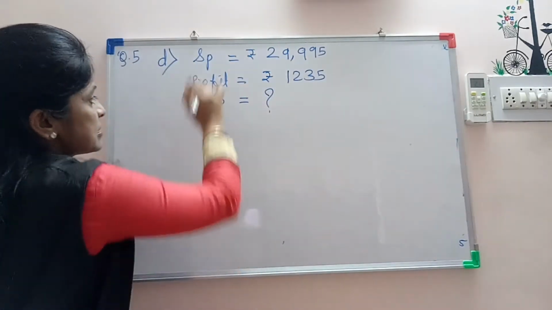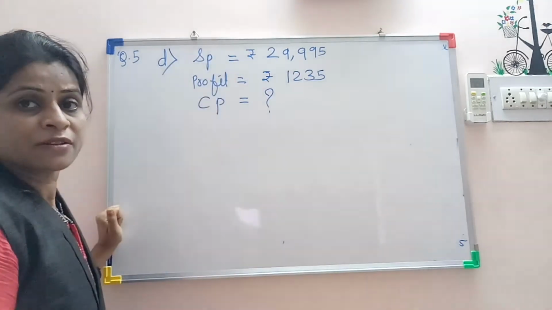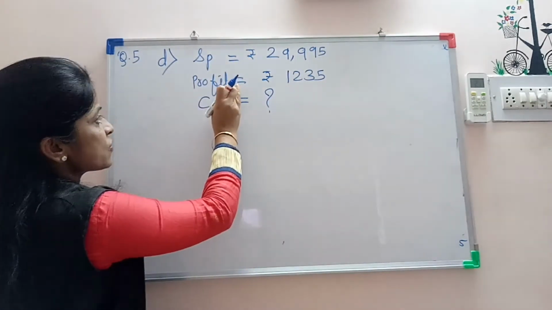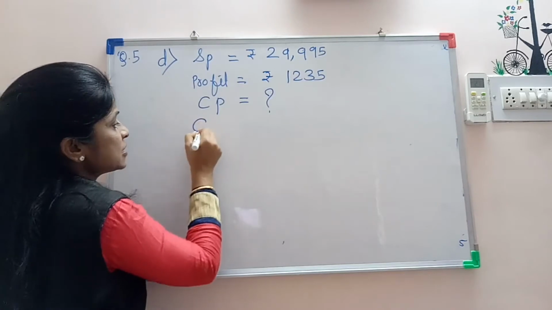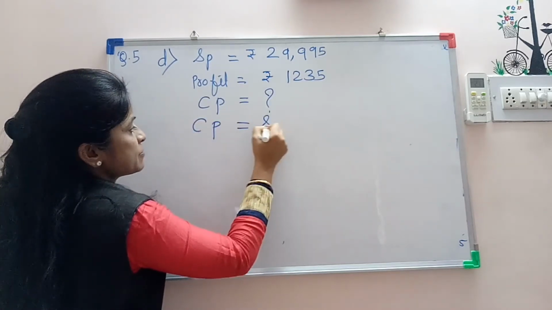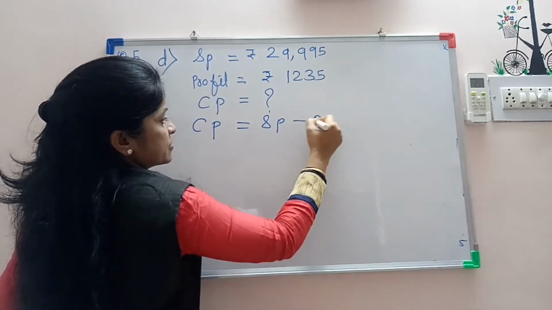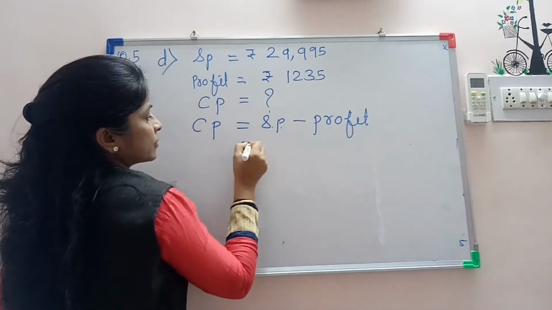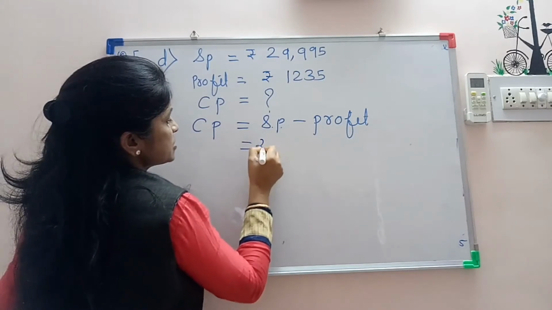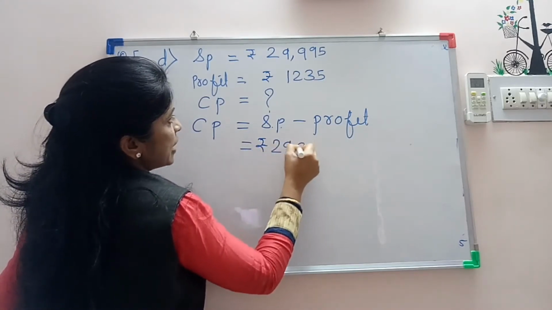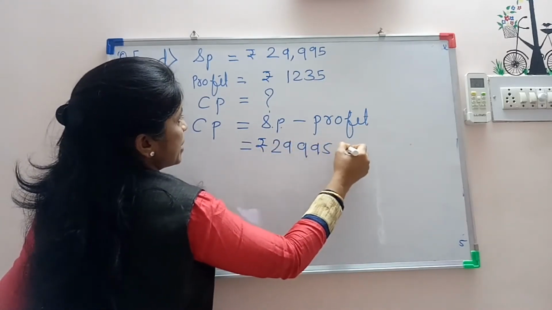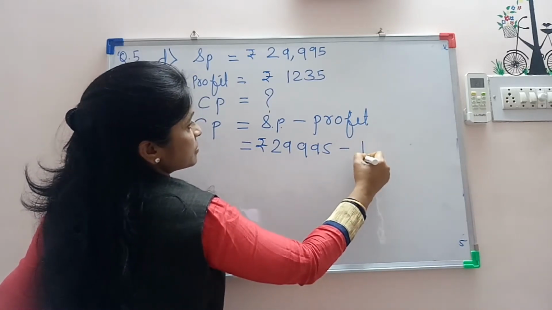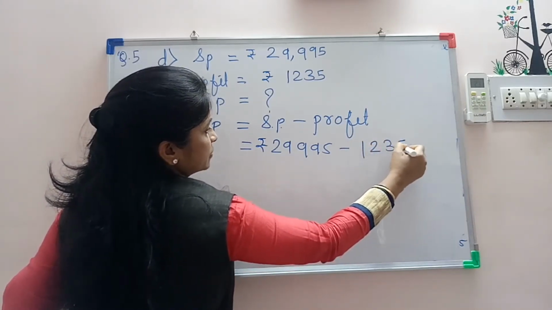Now students, here selling price with the profit is given. That means you have to subtract this profit from the selling price. You will get the cost price. Now selling price minus profit. That means rupees 29,995 minus 1,235.